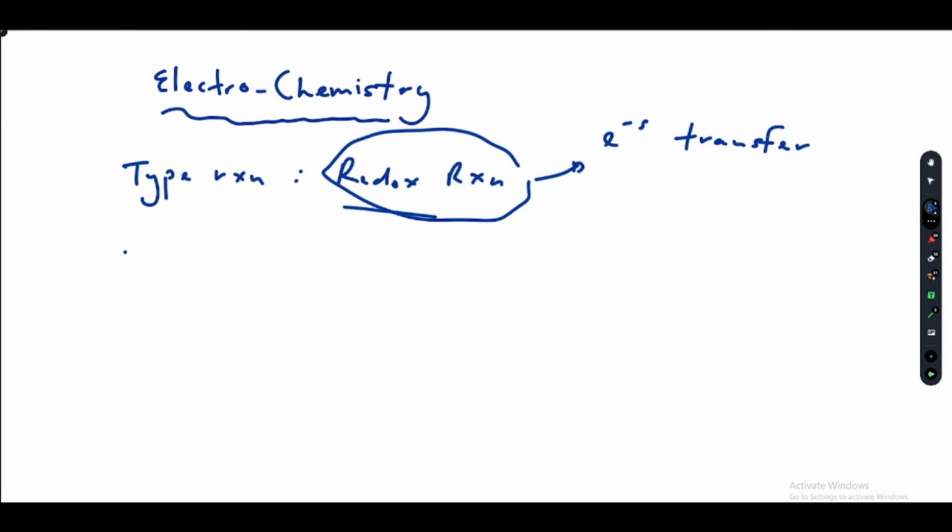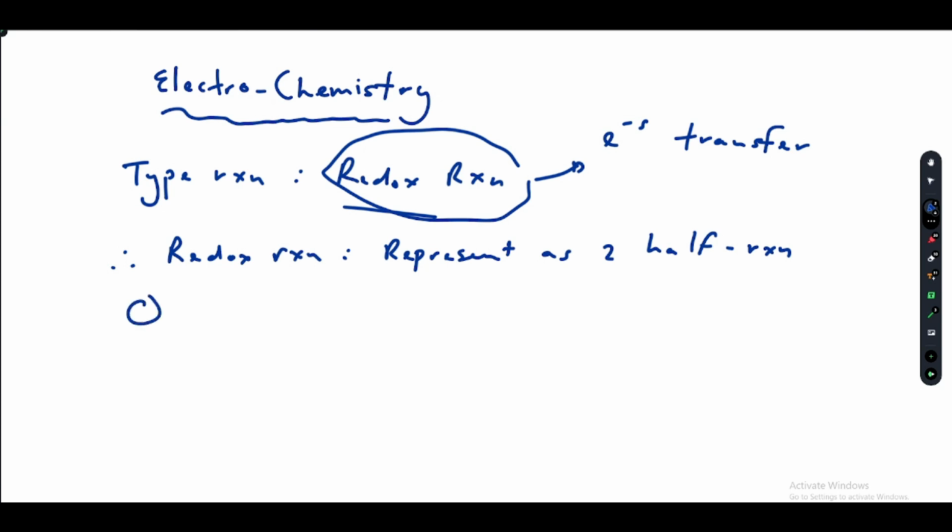Therefore, we can state that a redox reaction can be split into two half reactions, or can be represented as two half reactions. So these two half reactions are given special names. One is known as the oxidation half reaction, and the other is the reduction half reaction.